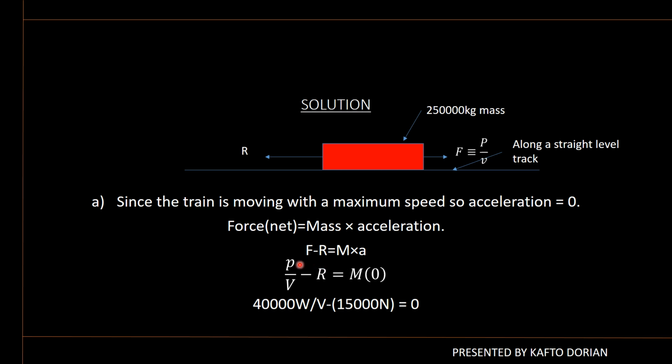The force here is power on velocity, minus the resistance, equals the mass times the acceleration, which is given as 0. So the power is given as 40,000 watt, divided by the maximum speed, minus the resistance, which is 15,000, equals 0.